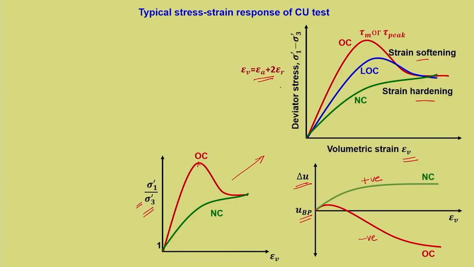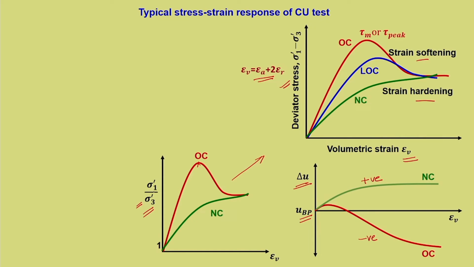Here in the case of deviatoric stress, sigma 1 dash minus sigma 3 dash is equal to sigma 1 minus sigma 3, it is same. So, in the ratio maybe there will be some difference here and there. So, that is why the trend is same, but it may not be exactly the same. Here it is starting from 1, why?